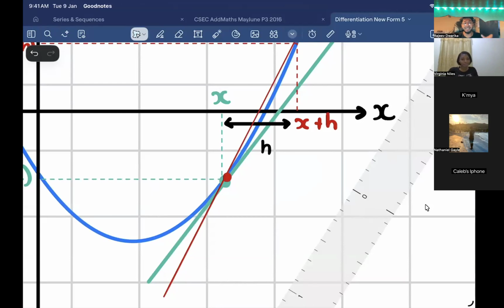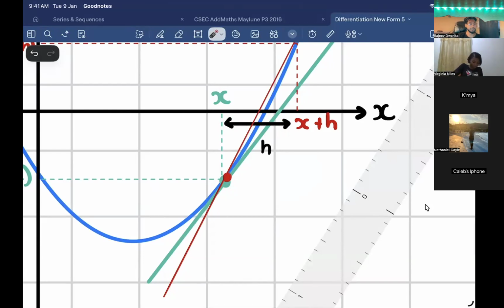So I need to find the limit as the distance between the two points approaches what? Remember, h is the distance between them. If the points are on top of each other, what's the distance between them? Zero. It wouldn't have a distance, it will be zero.